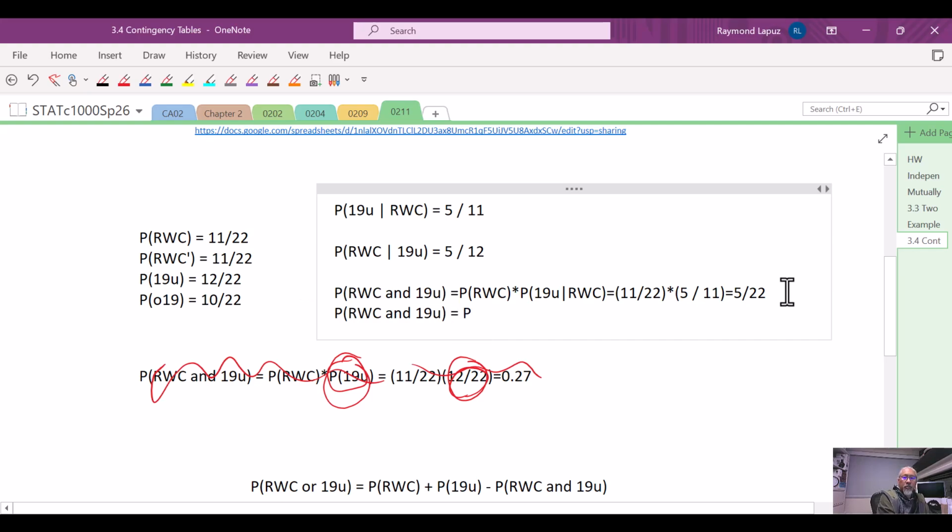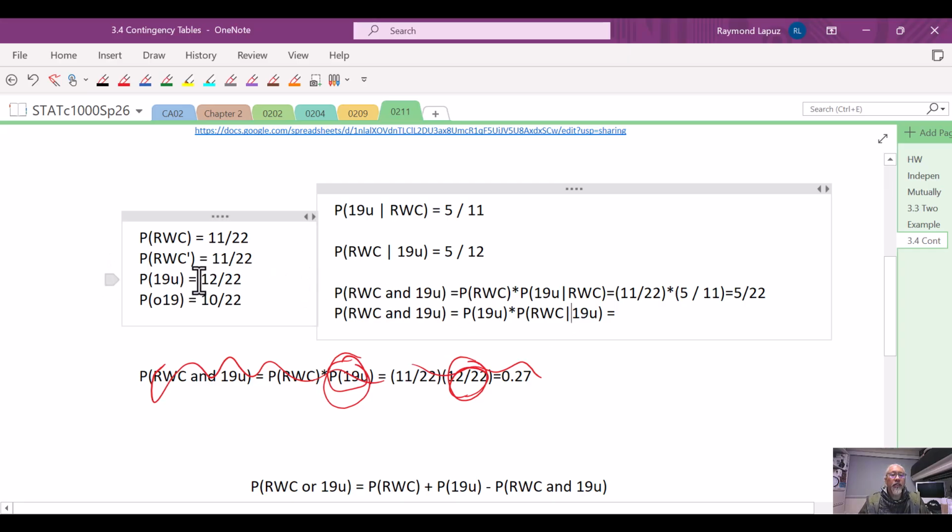And so if we say the probability of getting somebody who's 19 and under, and then we're going to multiply this by the probability that somebody lives in Redwood City, given that they're 19 and under. So let's find those things because, oops, this is given. And let's find those probabilities because we have them here already.